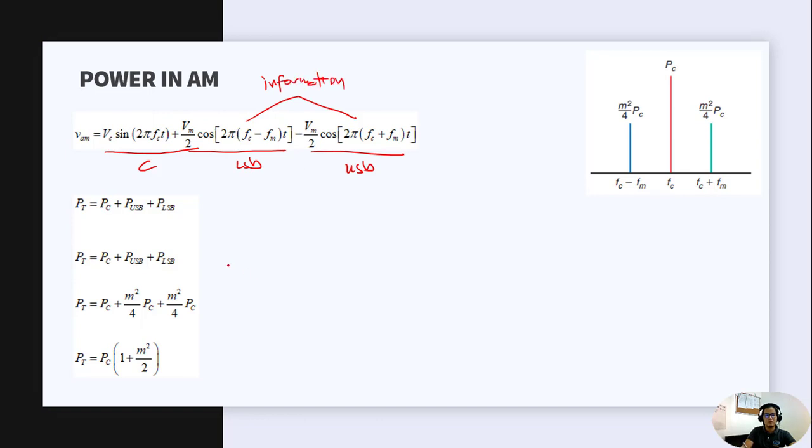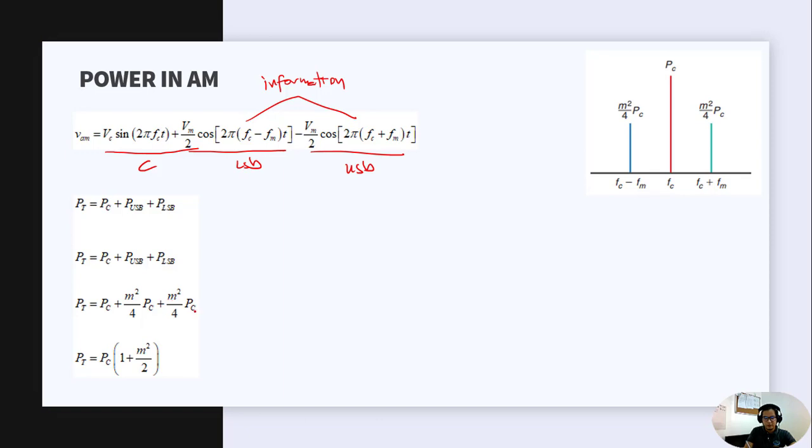Ayan. But if we're gonna look at the power formula for an AM, we will see that the power of the sidebands is only a portion of the power of the carrier. Diba, ang maximum M natin or modulation index natin is 1.